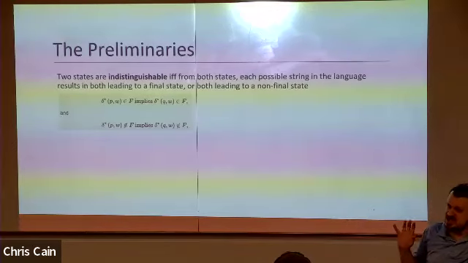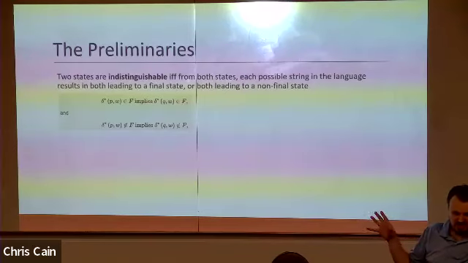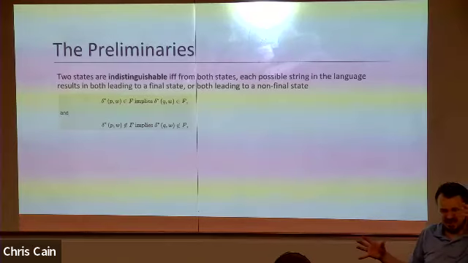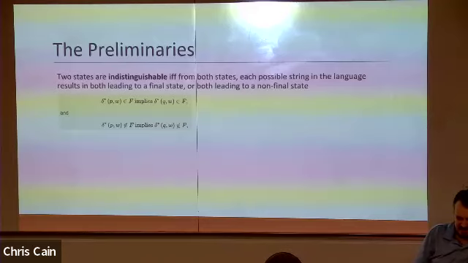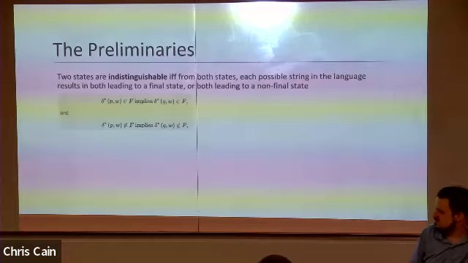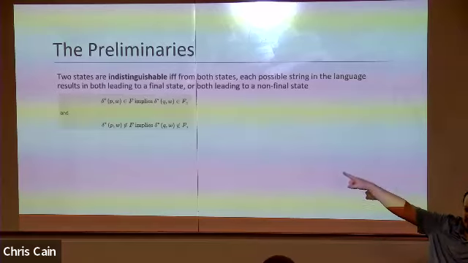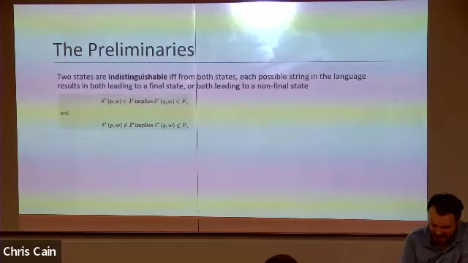So state P is indistinguishable from state Q if for all possible W, if that W, that part of that string, leads you to a final state from one state, then the same string leads you to a final state from the other. Same idea, if it's not final in one, then it must be non-final in the other. So this is more like what you would see in the textbook. You see that color, it was snipped directly from the textbook, which is how they would introduce this.